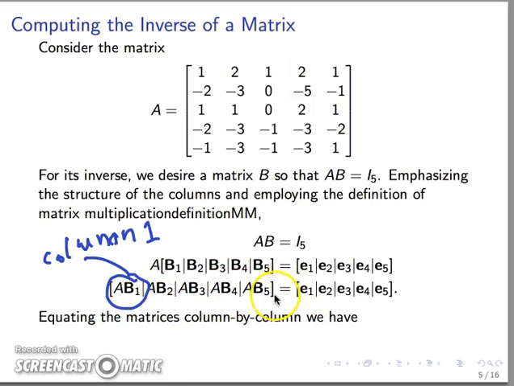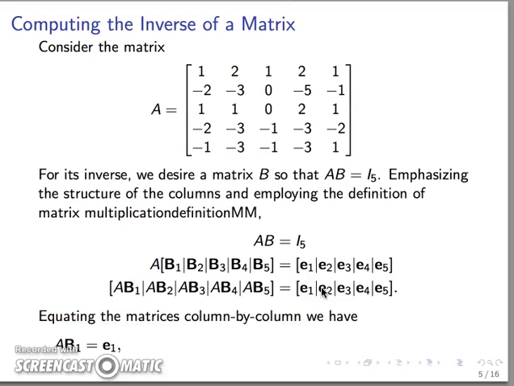And so the important thing is that since in each side of this equation we have a matrix, we can equate matrices one column at a time. So if, for example, you take a look at column 1 on the left side versus column 1 on the right side, they are equal because that's applying the information we have at hand. So we would have A B1 equals E1, where E1 is the first column of the identity.